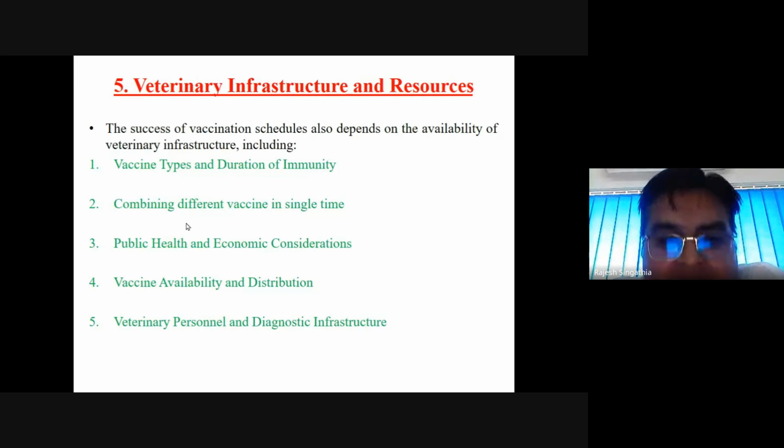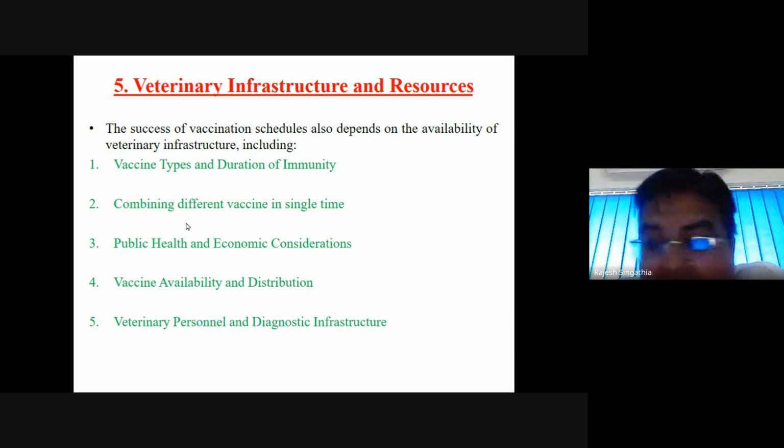Next is vaccine availability and distribution. Timely procurement and distribution of the vaccine by government-run clinics and vaccine camps are crucial for maintaining the vaccine schedule. If no vaccine is available at the time when it is required, then there are chances of vaccine failure. Then veterinary personnel and diagnostic infrastructure.